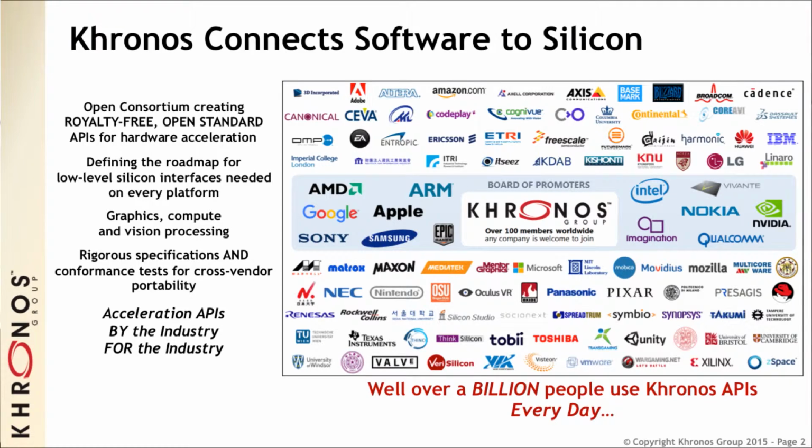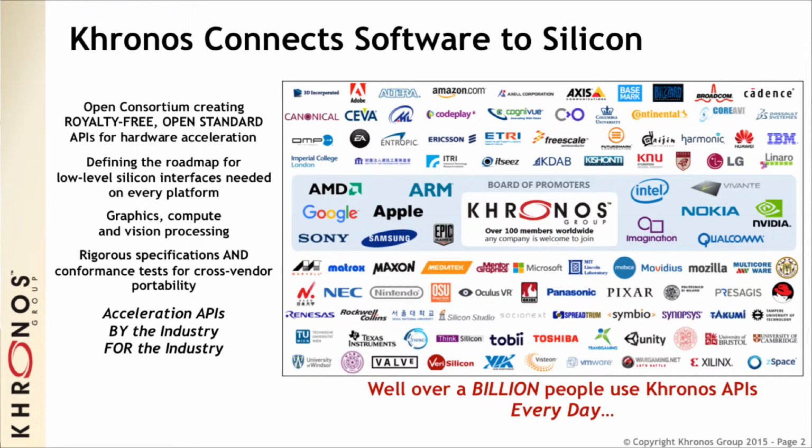And for those of you who haven't come across Khronos before, we are an open standards organization. We are committed to creating royalty-free standards for connecting software developers to silicon acceleration. And the areas of silicon acceleration that have most industry interest right now are 3D graphics, which is where we started with OpenGL, general purpose parallel computation, and vision processing.